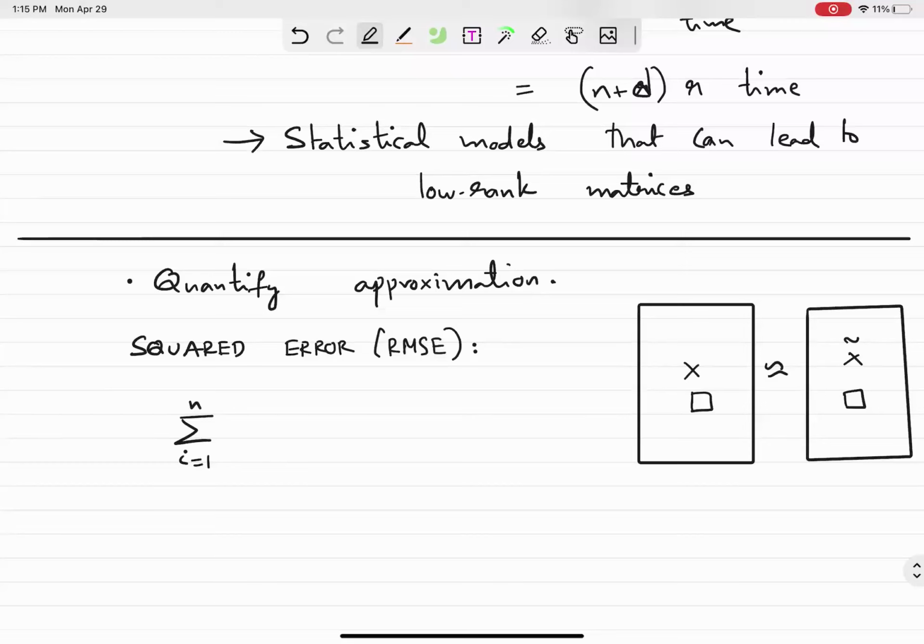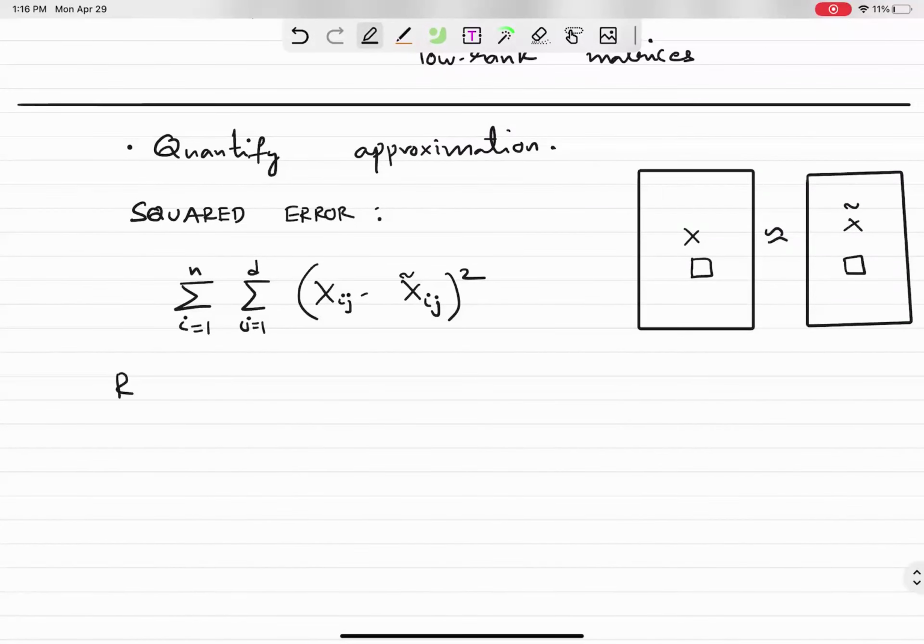For each entry ij, how far is my gap to X tilde ij, and then sum of squares. Squared error would be this. And usually in data mining, this is actually called the root mean squared error. That's what you would see more often. Do the same thing with the square root for the entire sum.